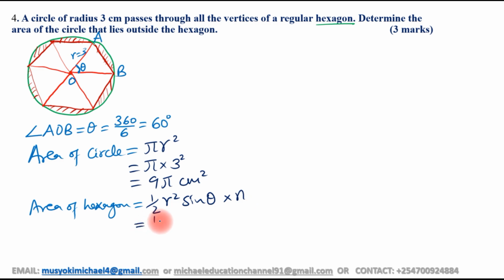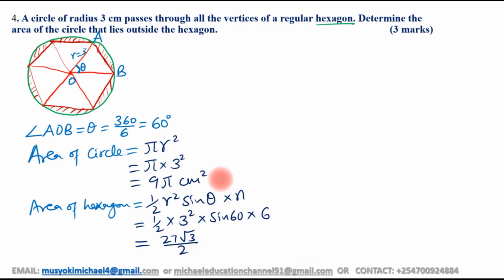So this will be a half times 3 squared times sin 60 times 6 triangles or 6 faces. If you work this out using a calculator, we end up getting 27 root 3 over 2.